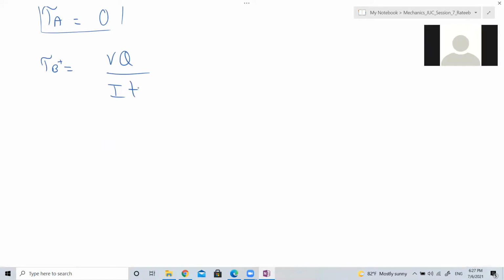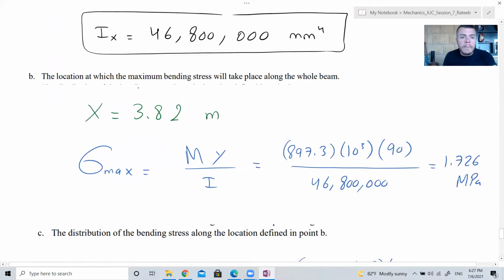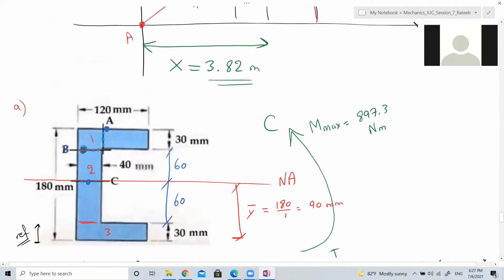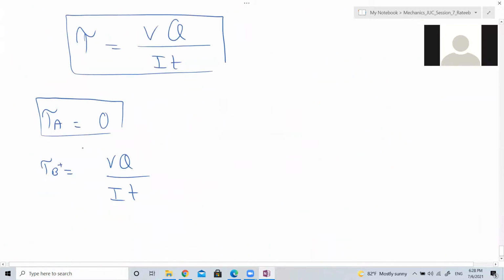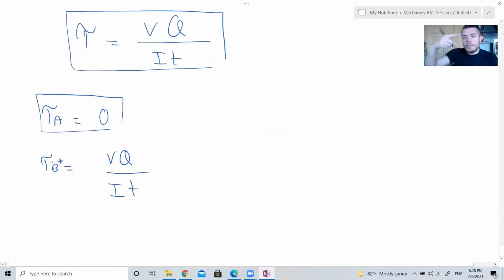You wrote tau B plus; when I say tau B plus, I mean just above it, and minus means just below. Okay, I get it.